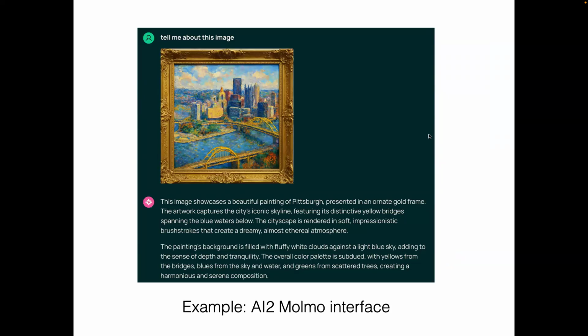So here we said, tell me about this image, and then gave it this image. So this is text and image. And then it tells us something about the image. So it's producing text. This image showcases a beautiful painting of Pittsburgh presented in an ornate gold frame, the artwork, and so on. So it's a kind of nice picture. I think I generated the picture with ChatGPT. It's a kind of unique, impressionist view of Pittsburgh.